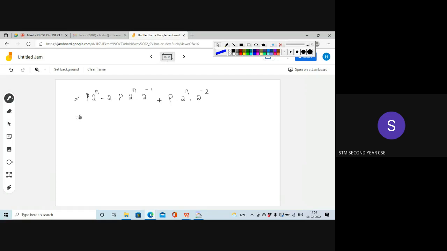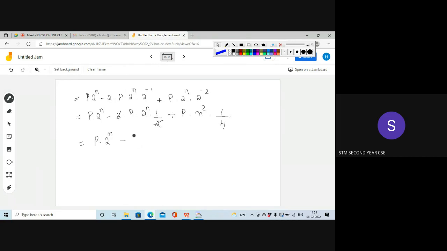So what you will get is p into 2 raised to n minus 2 into p into 2 raised to n into 2 raised to minus 1, I can write it as 1 by 2, isn't it? 2 raised to minus 1 is 1 by 2 plus p into 2 raised to n into 2 raised to minus 2 is 1 by 2 square, and that is 4. Okay, so this is equal to p into 2 raised to n, and this 2 and 2 will get cancelled.